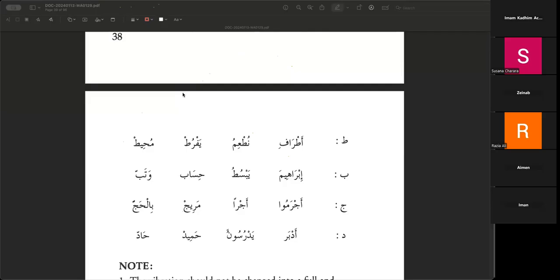Yes, it's like yadrusun, it's kind of halfway: you're going to pronounce this with a haraka, but you're not actually pronouncing it with a haraka. You're not going to say yadarasuna. It's kind of halfway. Yadrusuna.